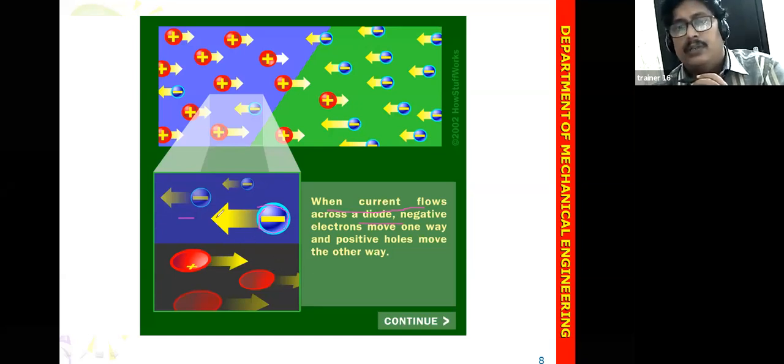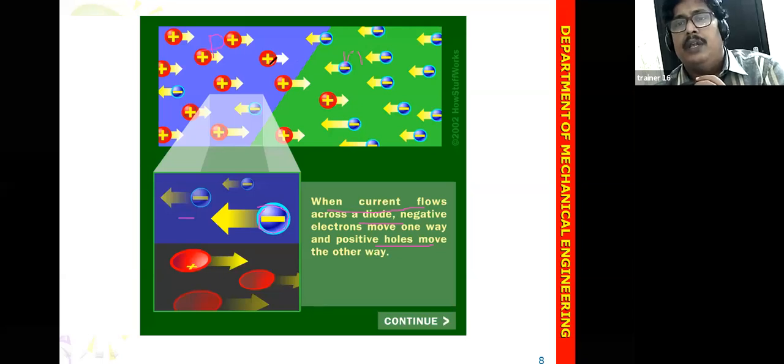When current flows across the diode, negative electrons move one way and positive holes move the other. Here the blue side is the p type at the top, and the negative side is the n type.